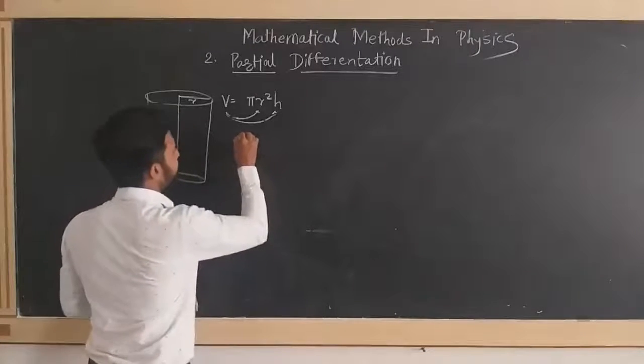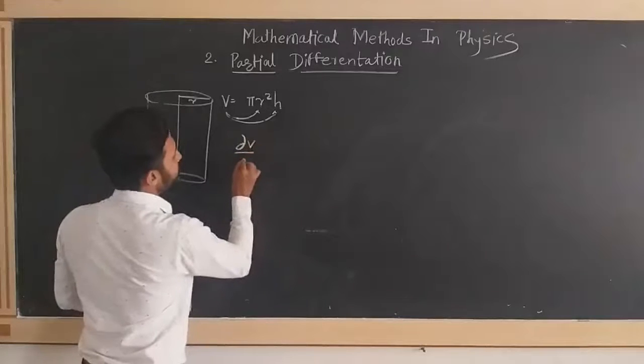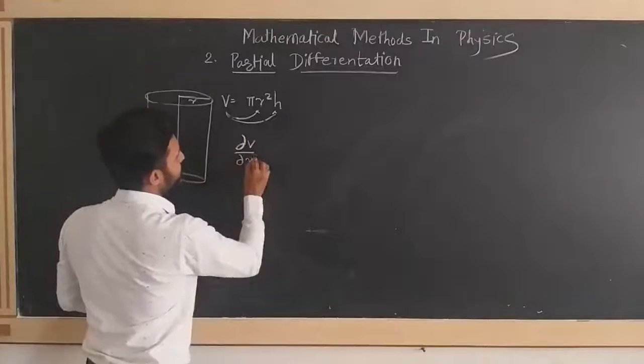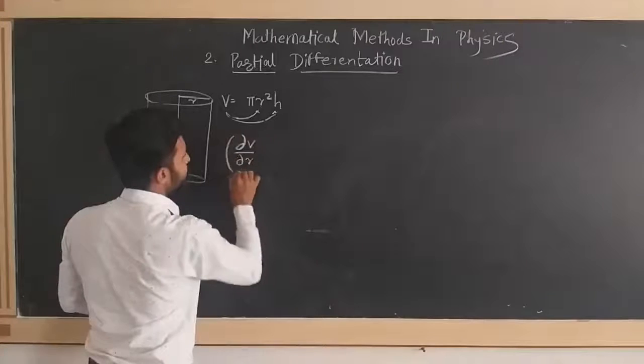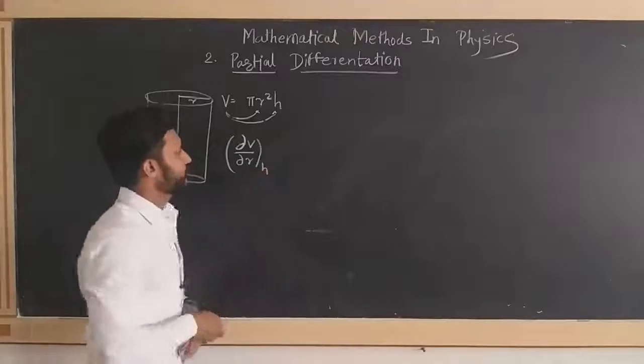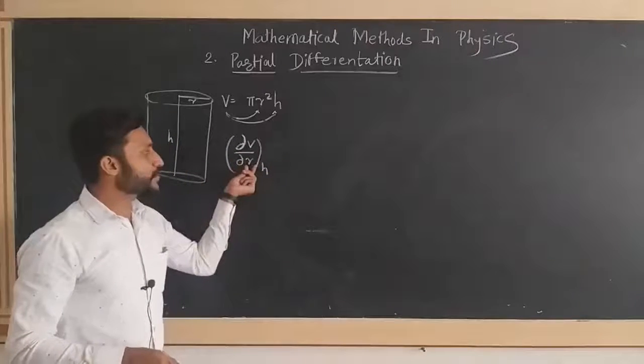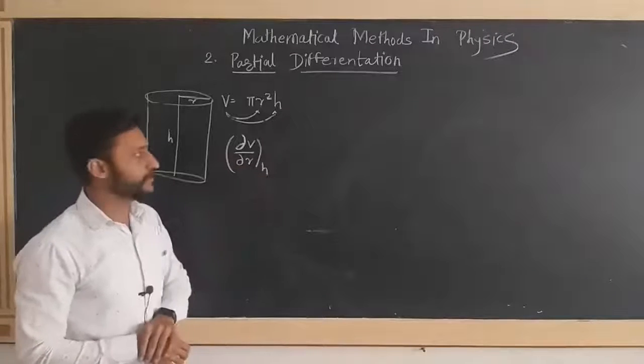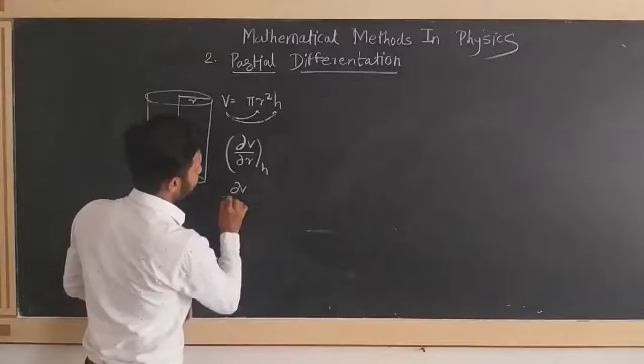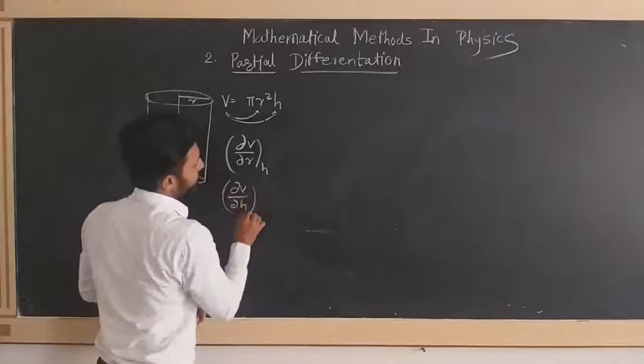We can call it dabba v by dabba r by keeping h constant. So here volume is changing with respect to r by keeping h constant, and dabba v by dabba h by keeping r constant.